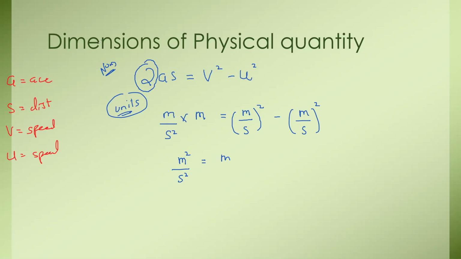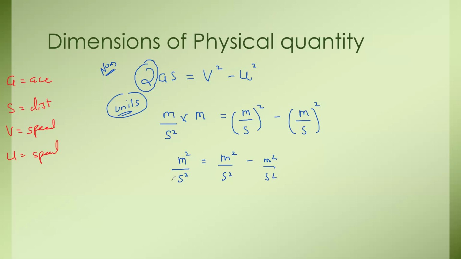If any number is written in the equation, it does not have any unit. So this will be meter square divided by second square minus meter square divided by second square. Till here, we simplified the unit. We cannot further simplify the unit.